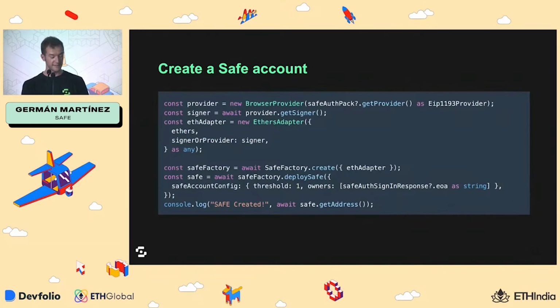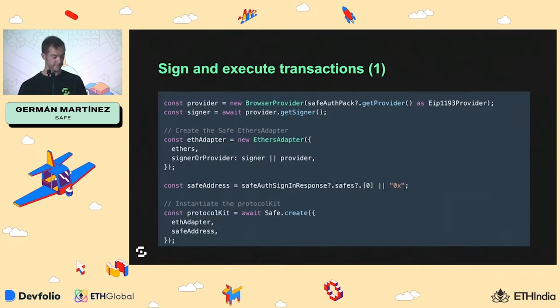This signer, if we go to the previous line, we see that we are getting from provider.getSigner, and this provider, in the first line, we are getting it from SafeAuthPack.getProvider. So that's how we deploy a safe where the signer is the EOA from the MPC, from Web3Auth.